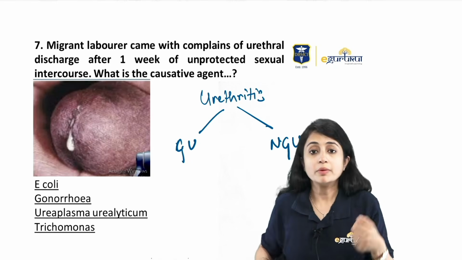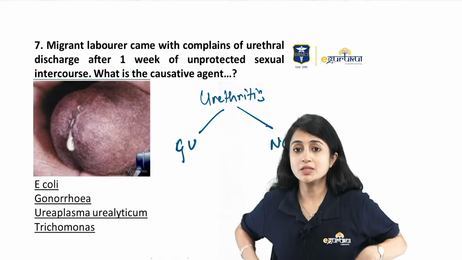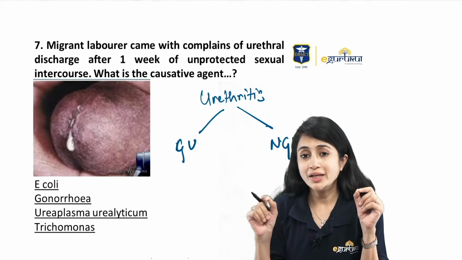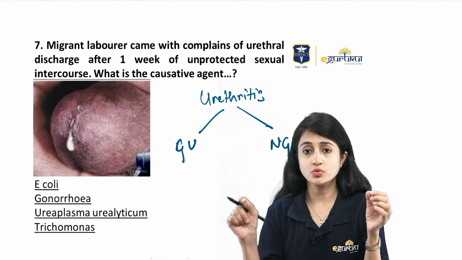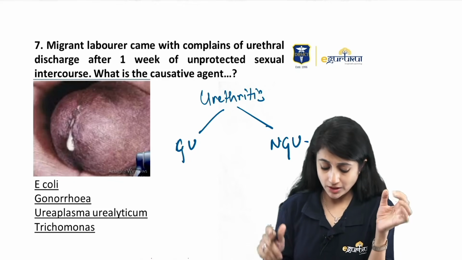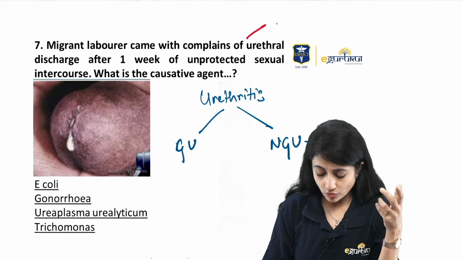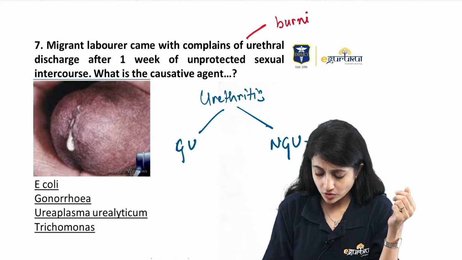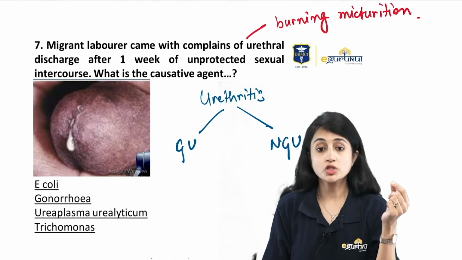If you remember in our classes, I had told you gonococcal urethritis presents with profuse whitish to yellowish discharge associated with some urinary complaints. Now there were a few students who had also told me that there was a history of burning micturition. They had given some history of constitutional symptoms as well.